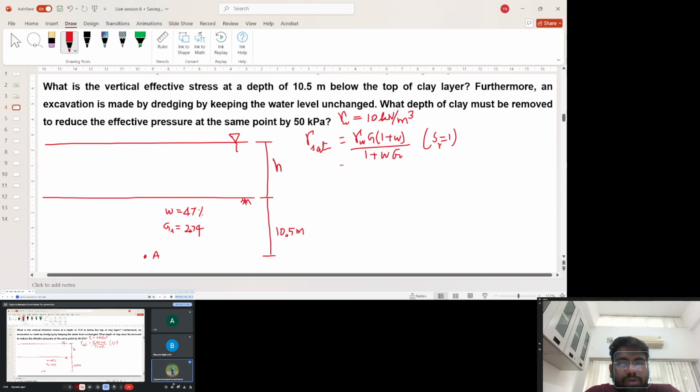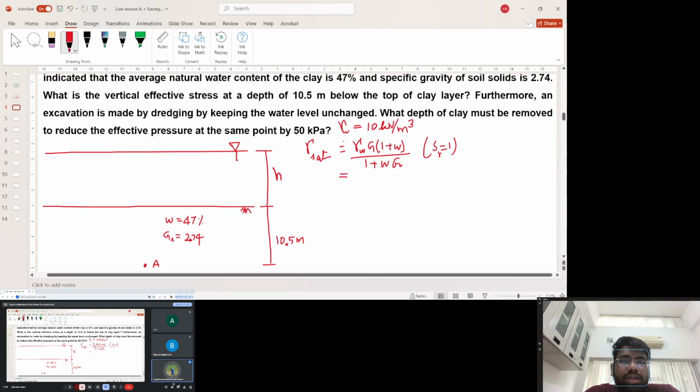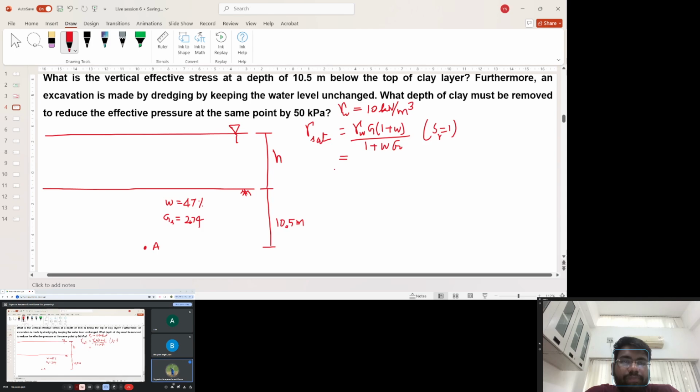All right. So what we are getting here, we have water content, we have specific gravity, we can calculate it. 10 into 2.74 into 1 plus 0.47, which will give you 1.47, divided by 1 plus 0.47 into 2.74. How much are we getting?